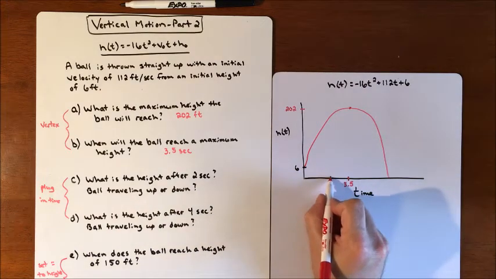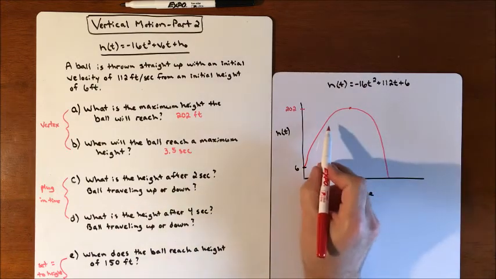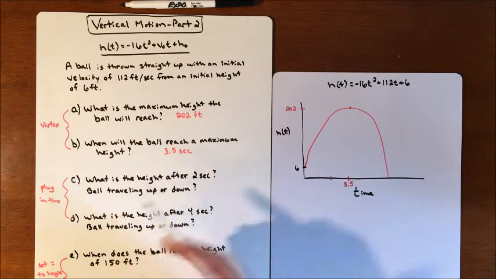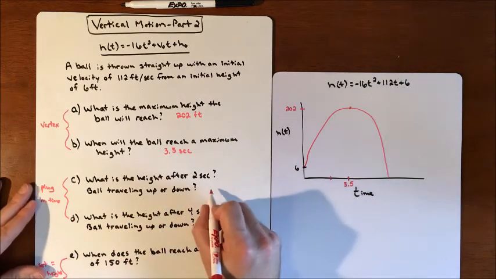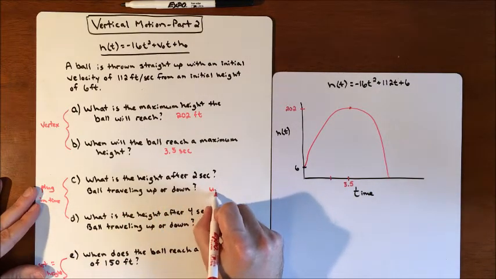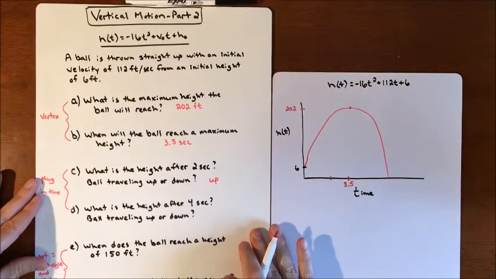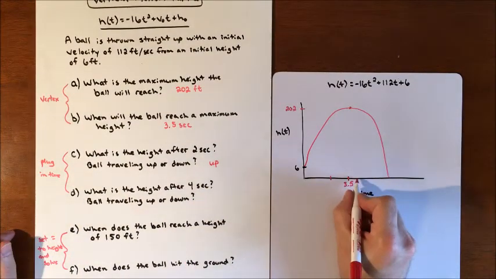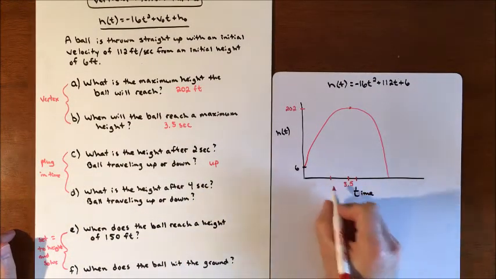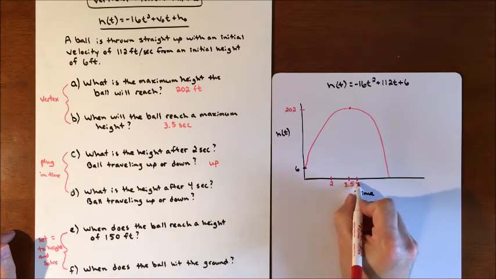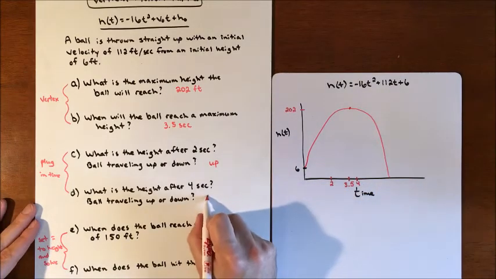Well, 2 seconds is over here. Whatever that height is that we get, is it going to be traveling up or down? Well, it's going to still be on its way up. And after 4 seconds, which is just past our vertex, we're going to be traveling down.